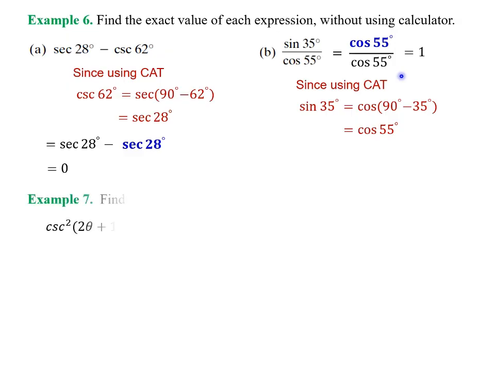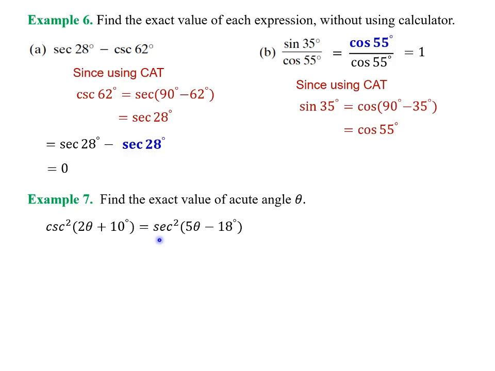For the next example, example 7, we're going to find the exact value of the acute angle theta. Now I want you to analyze the given function again and check the appropriate Pythagorean identity that you can use. Cosecant squared and secant squared. Remember, both of these are squared. Maybe we can recall the Pythagorean identities.